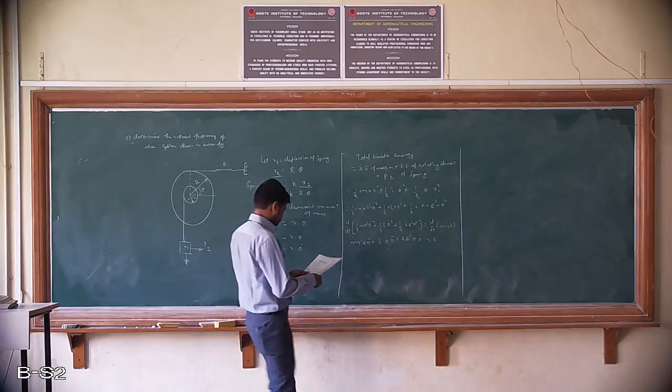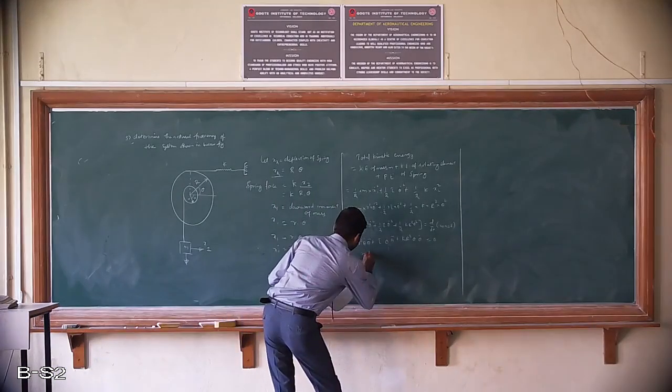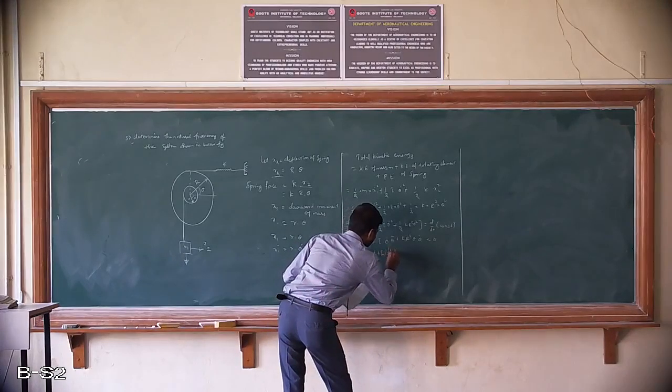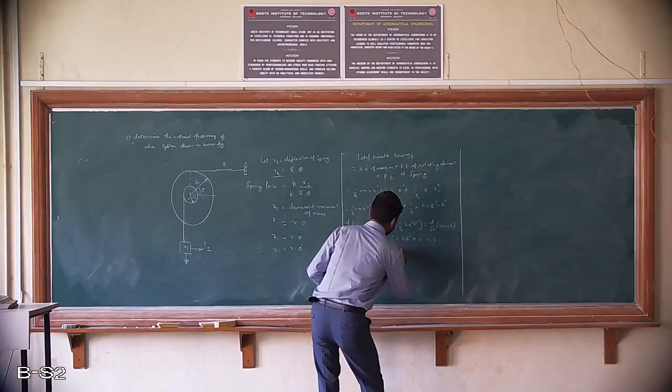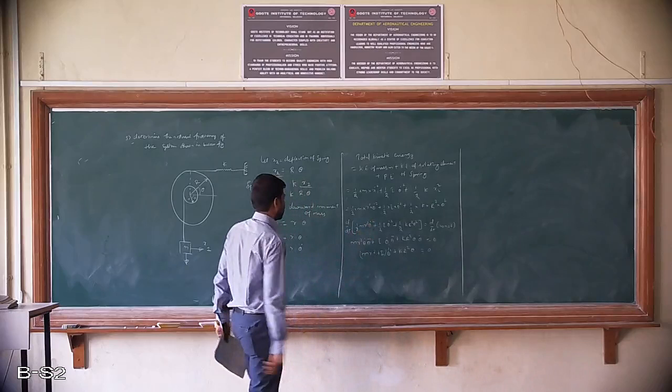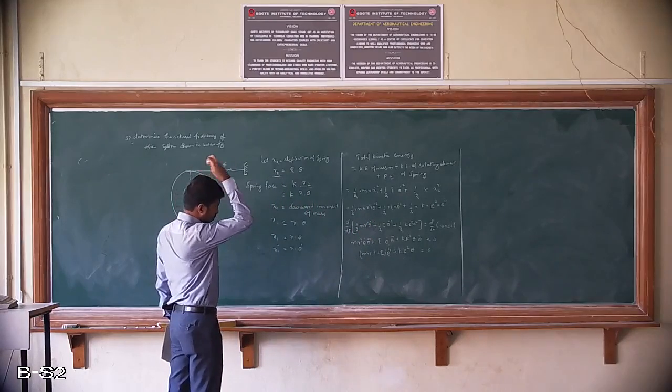So I can write m r square plus I into theta double dot plus k r square theta is equal to 0, after taking theta dot to the other side.